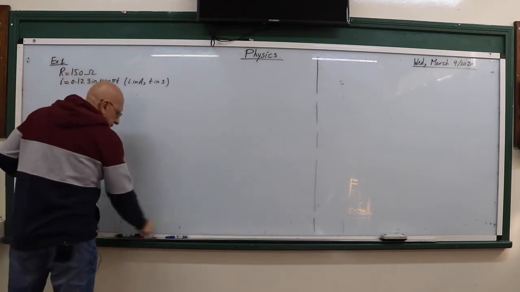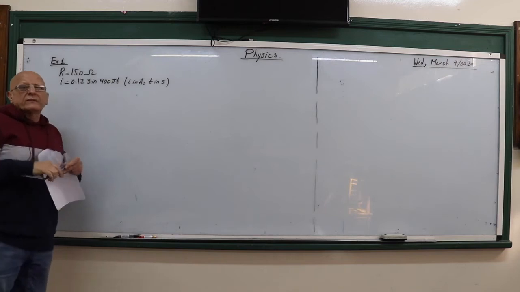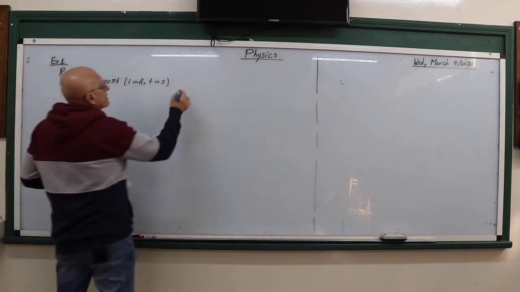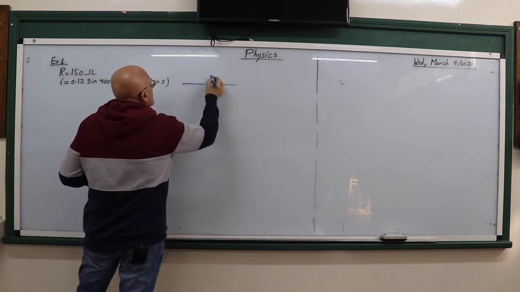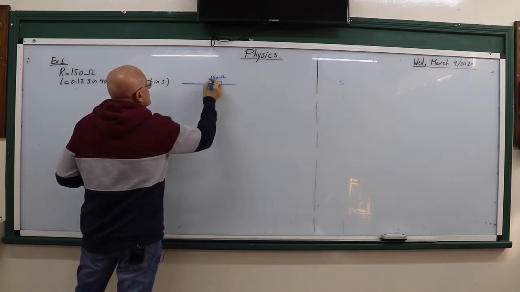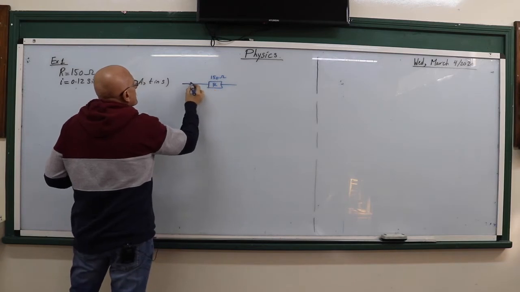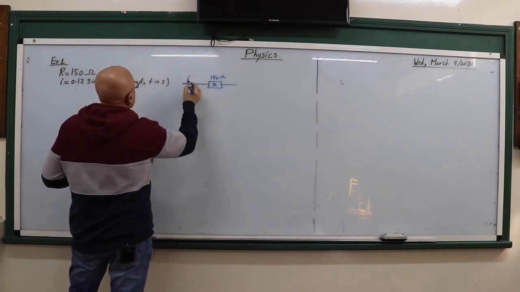This means you have a resistor R of resistance 150 ohm, carrying an alternating current.